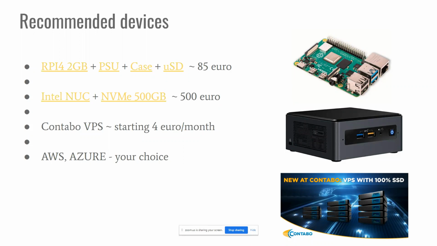Another recommendation could be to use a public virtual private server provider, which is called Contabo. Personally, I used them in the past. They are cheap. It works fine. Not too many complaints. But you also have the option to go with something more professional, and of course more expensive, like Amazon or Azure.